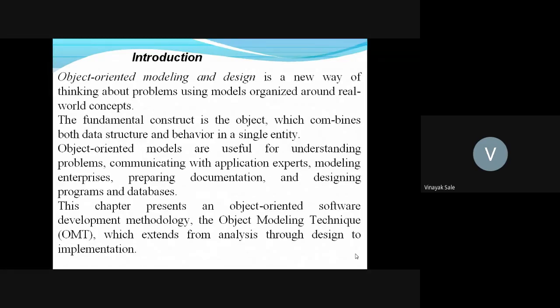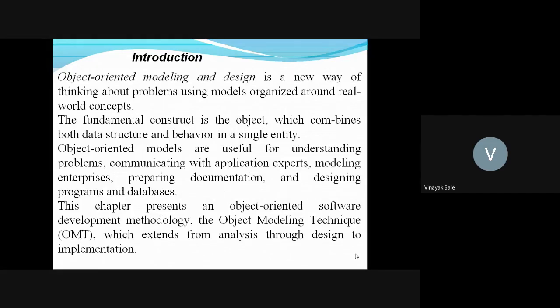Object-oriented models are useful for understanding problems, communicating with application experts, modeling enterprises, preparing documentation, and designing programs and databases. So object-oriented models are useful to know what is the exact problem regarding the construction of a real-world concept or models that we are generating in the real world.